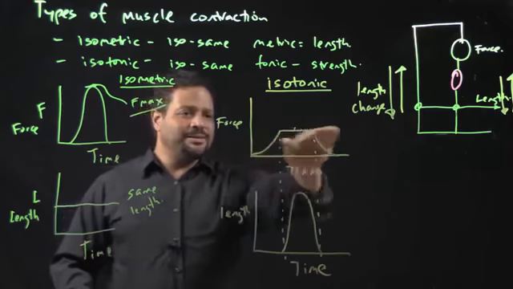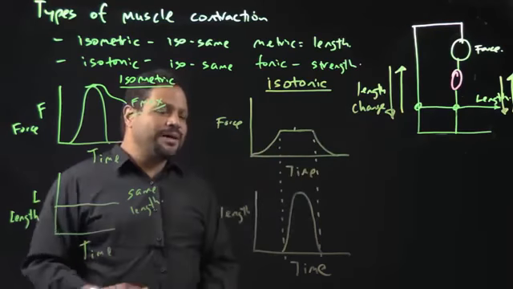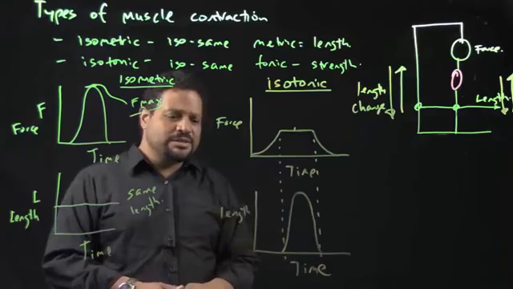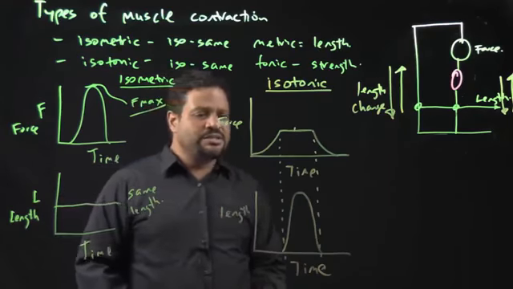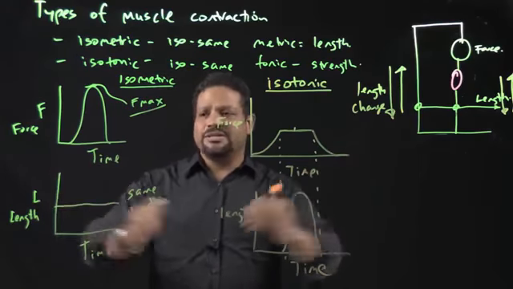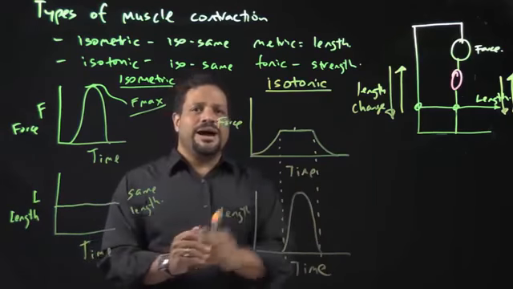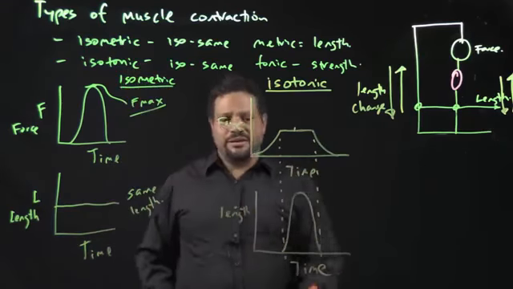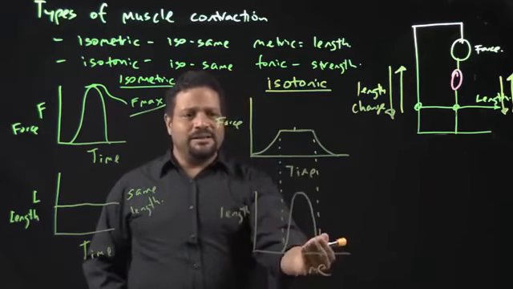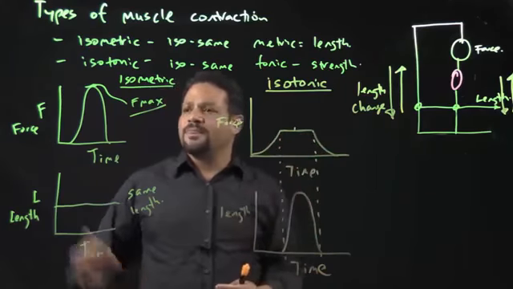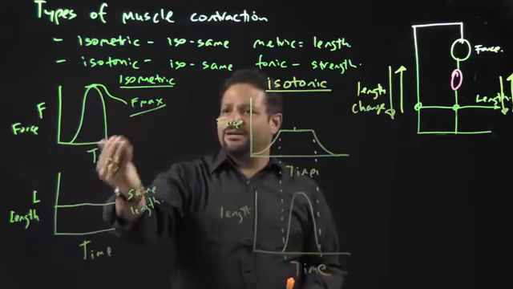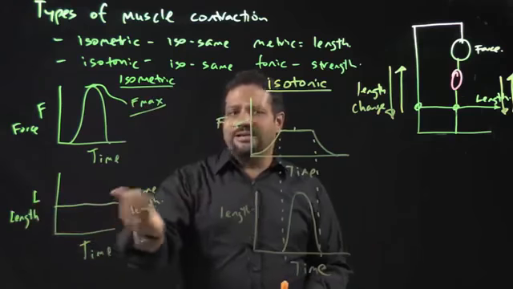So it looks like a tabletop or a plateau on top of that force per time muscle twitch, but the length changes. So these are two important differences between the isotonic and isometric. This is length per time, it's a bell curve, but the force per time is flat. Force per time, bell curve for isometric, the length stays the same.